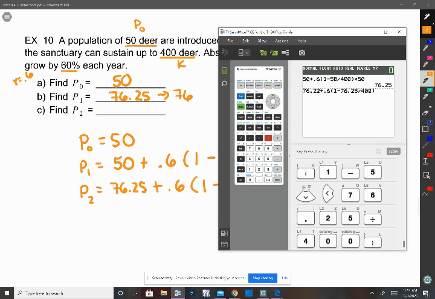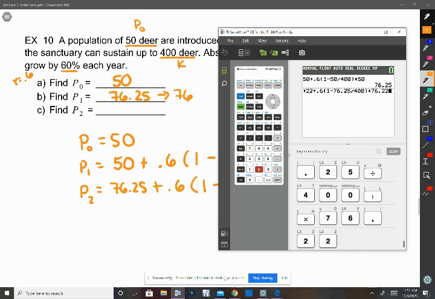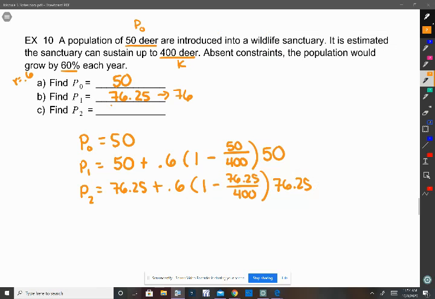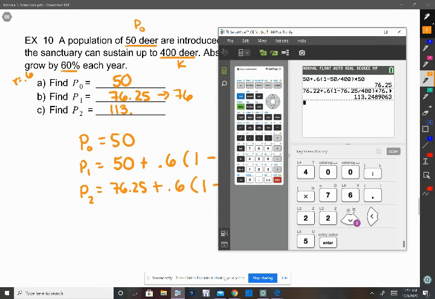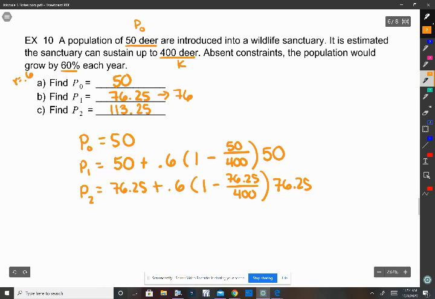Close your parentheses and then times it by 76.25. So you get 113.25. Technically it's 113 deer, but that's the idea.